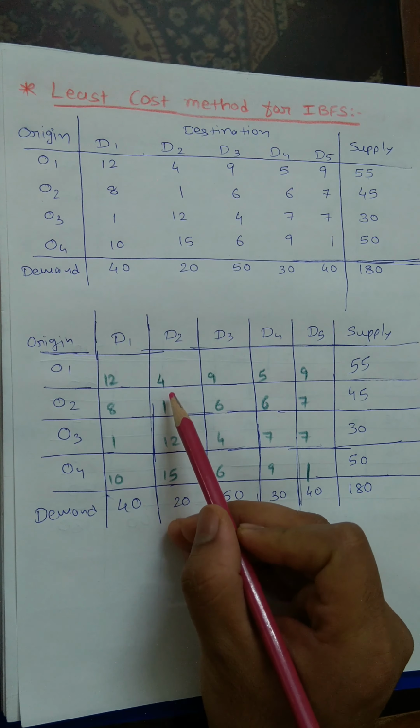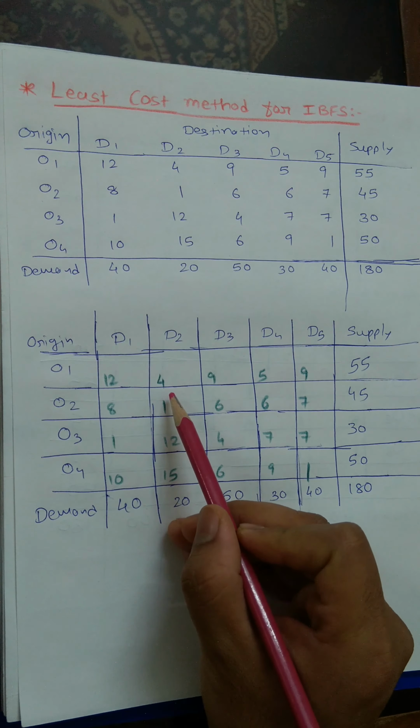Now again check for the least cost out of the available costs. Now the D5 column has been cancelled, so you should not pick that value. The remaining values are 1 again, the O3D1 cell, that is 30. So the O3 row will be eliminated and the demand for D1 will be 40 minus 30 equal to 10.